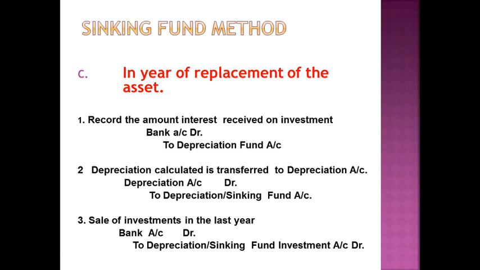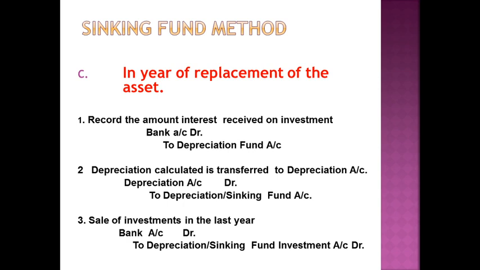In the last year, that is the year of replacement of the asset, the following journal entries are passed. Record the interest received on investment: Bank Account debit to Depreciation Fund Account, repeated. Then the depreciation entry is repeated: Depreciation Account debit to Depreciation Sinking Fund Account.